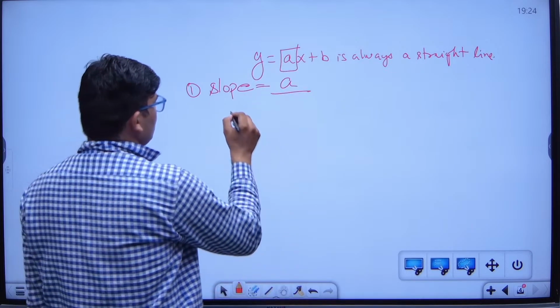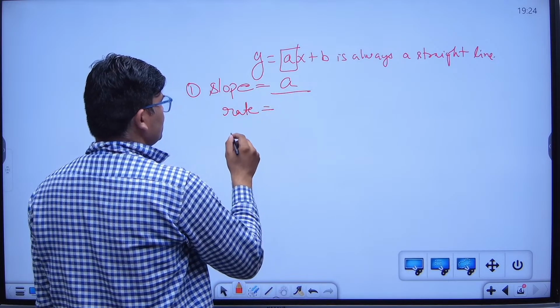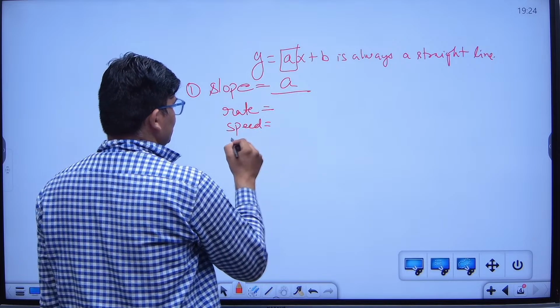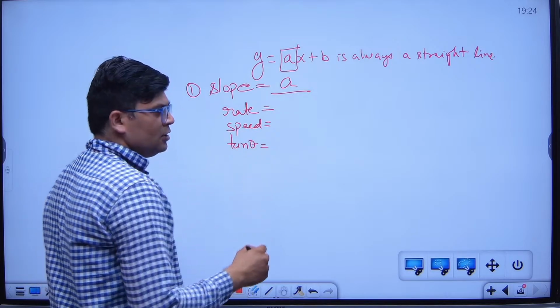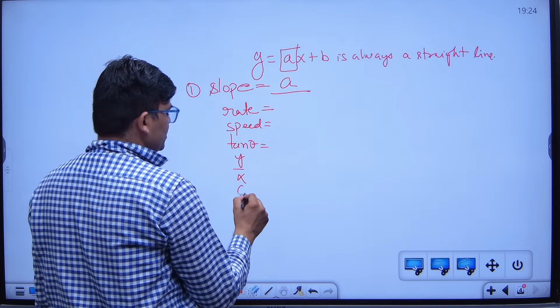This slope is also known as rate, or you can say speed. This is also known as tan theta, y upon x, and also known as gradient.